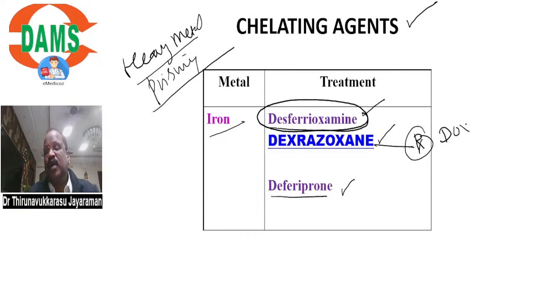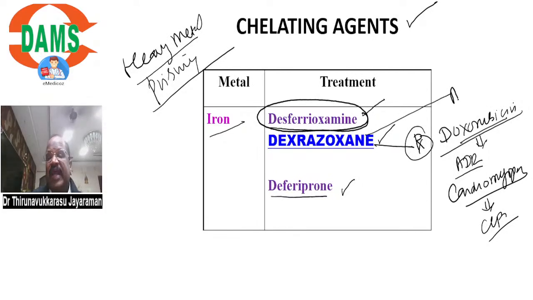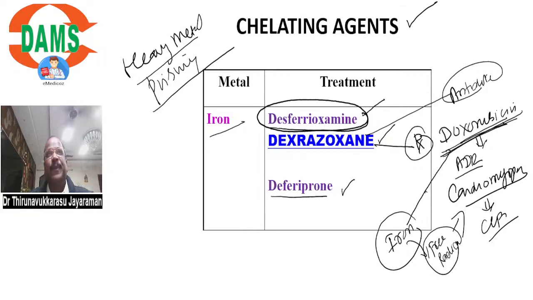For example, doxorubicin, an antibiotic anti-cancer drug, causes adverse effects of cardiomyopathy and congestive cardiac failure. To prevent this cardiotoxicity we use dexrazoxane as an antidote, because doxorubicin in the presence of iron forms free radicals, and the free radicals cause cardiotoxicity. To avoid this we need an iron chelator, and for that the best is dexrazoxane.